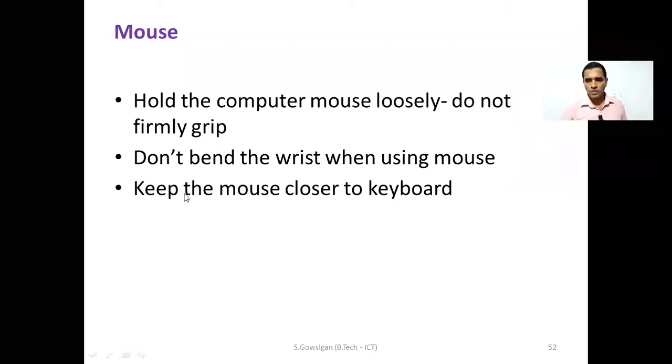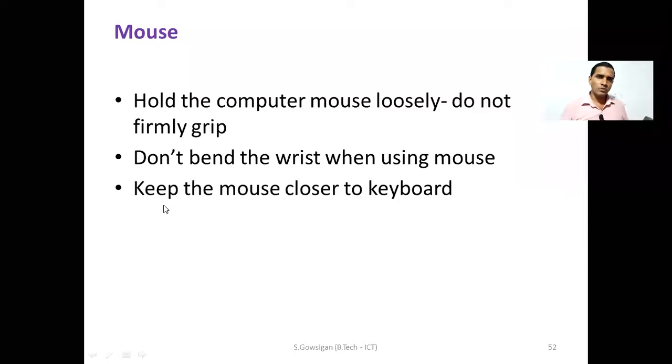So that is important. And also another important thing, you have to keep your keyboard and mouse closer, right? Both mouse and keyboard should be closer because all the time you have to switch between mouse and keyboard. You have to work with the mouse. Maybe after some time you have to go to the keyboard.